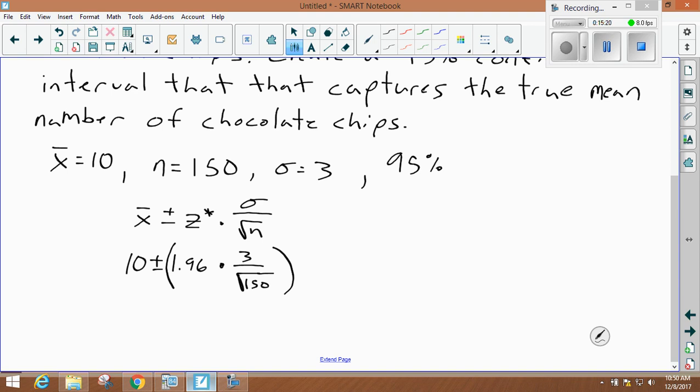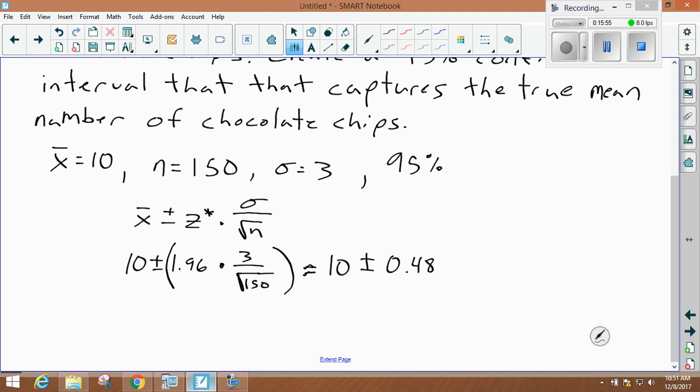So I'm going to calculate that first. 1.96 times 3 divided by the square root of 150 turns out to be 0.48, so we have 10 plus or minus 0.48. If we round to the hundredths place, that's what we get. It's approximate, because we are rounding.